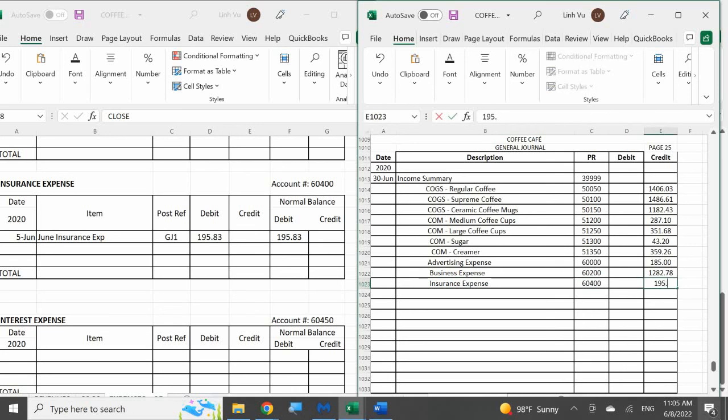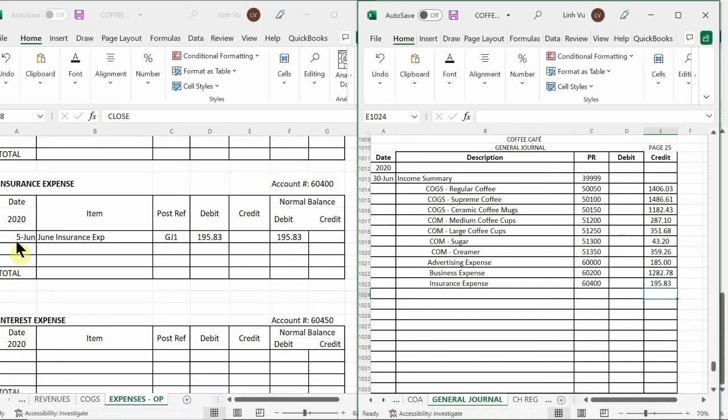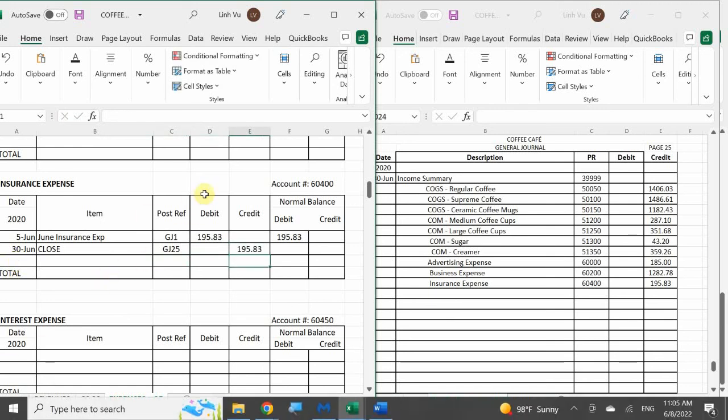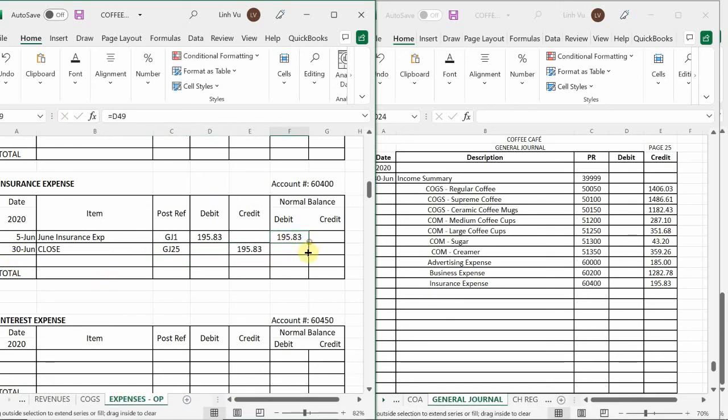For $195.83. Okay. So I'm going to close this out as well. For the 195.83. Okay, so which should give, actually, I have to do the formula. It's going to give my account balance to 0.